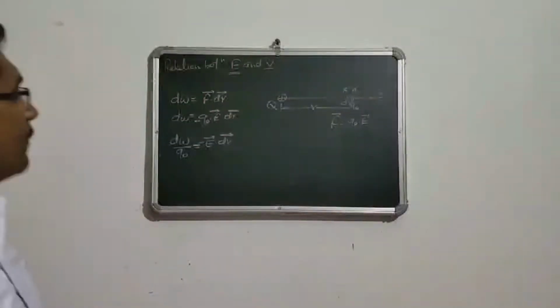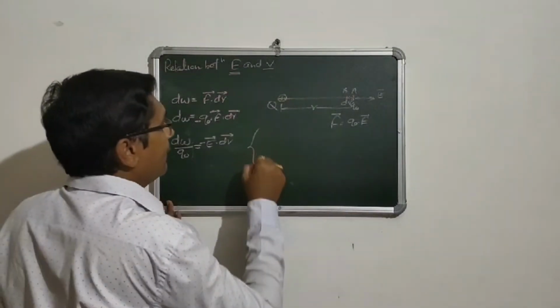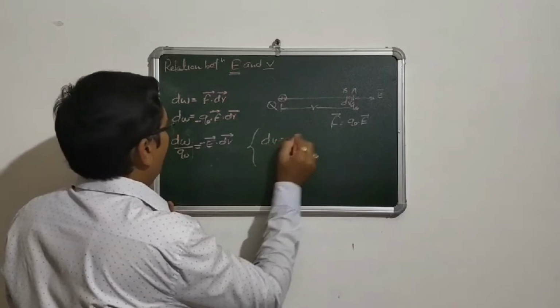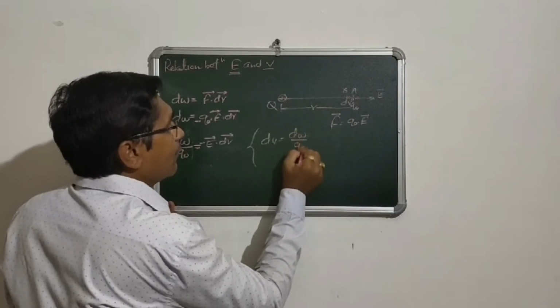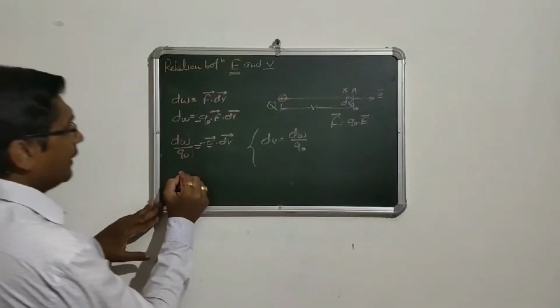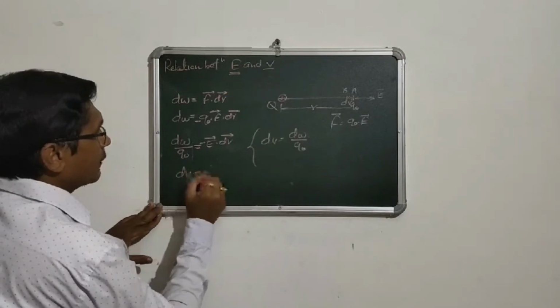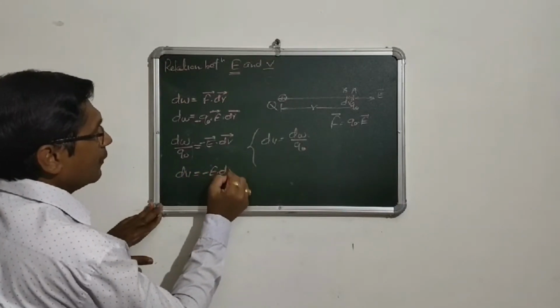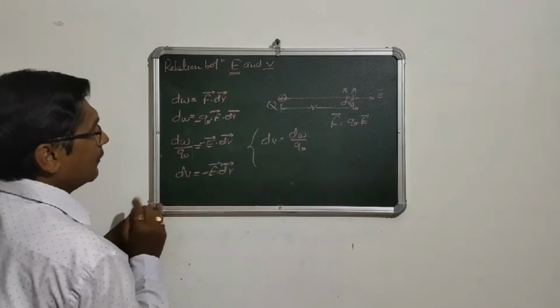The dW upon dq is known as potential difference. So dV is equal to dW upon Q naught. Now we can write dV is equal to minus E dot dr.